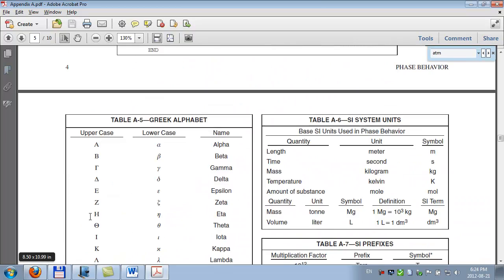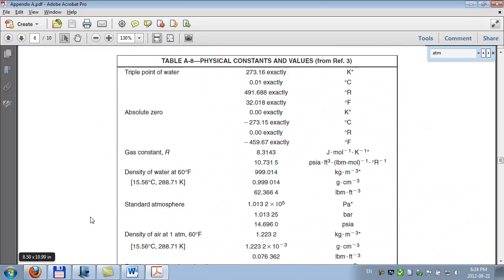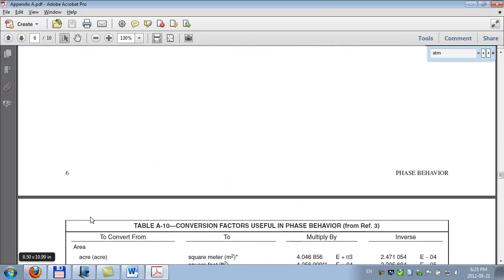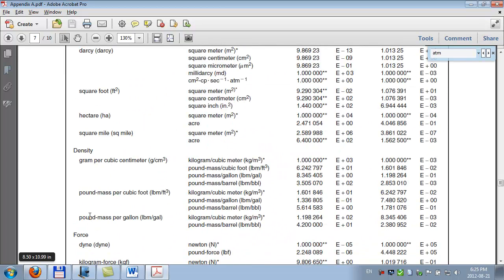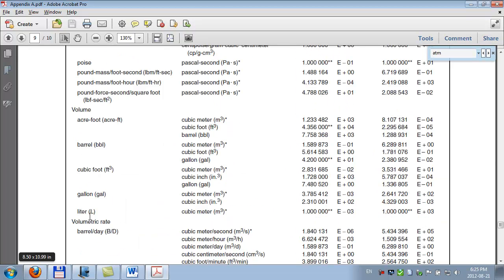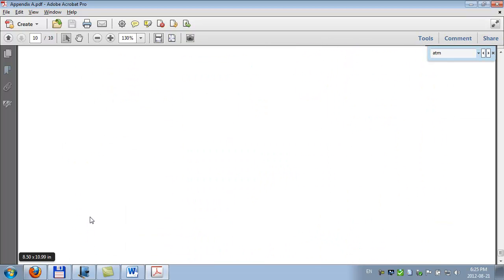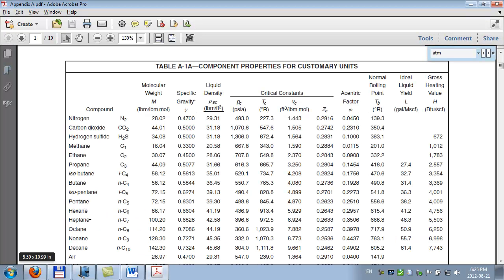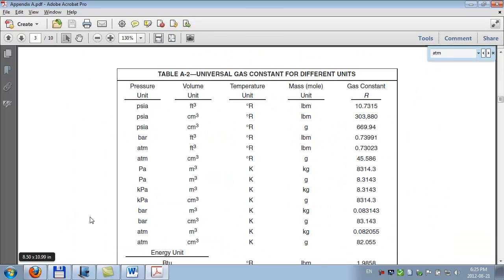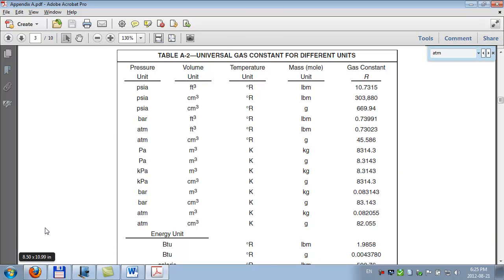Somewhere down here, there's a table in this appendix that gives us the universal gas constant for different sets of units. I can eat pizza for a year, right? What's the number?